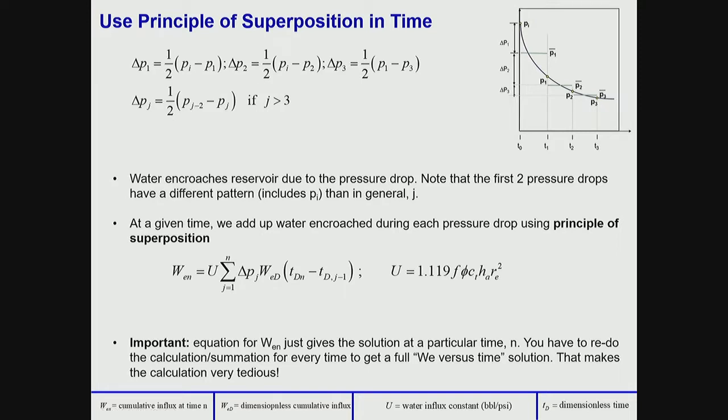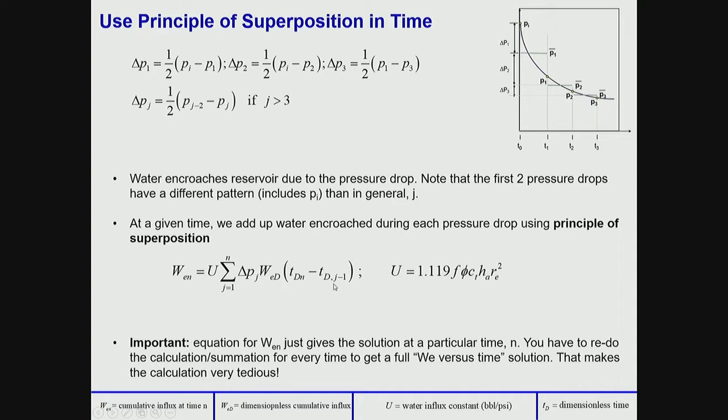If you want to calculate the cumulative amount of water influx, We, at a time N, you sum up over N, where you have delta PJs, where again delta P1, delta P2, delta P3 are given, and then times WeD. And this isn't a multiplication, this is WD of that dimensionless time. So it's TD at the final time minus TD at the J minus 1.